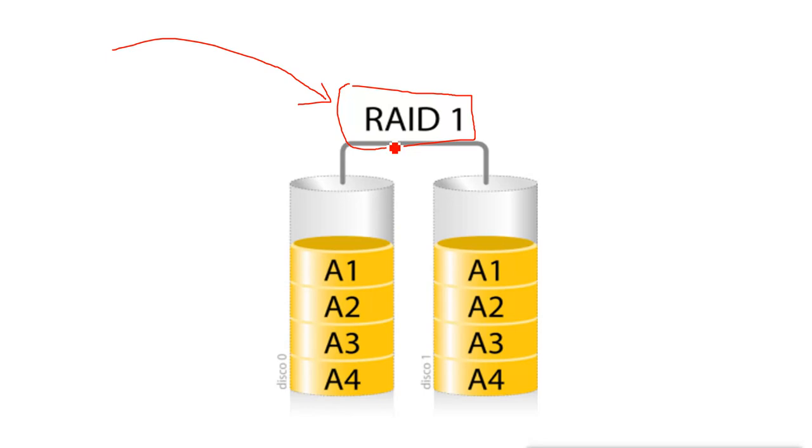Now what it does here in level 1, it will mirror the data. Suppose I am putting the data 1 2 3 4. As you can see here, it puts 1 here, and then in the other disk it will do the copy. It is actually creating the mirror image of your data from one disk to the other disk.